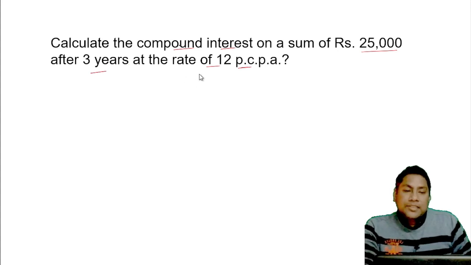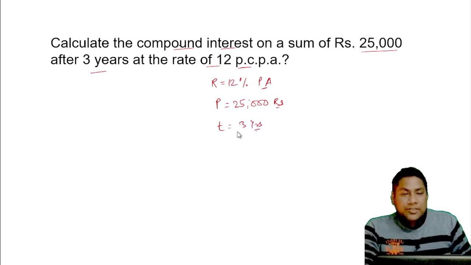We can say the rate of interest is 12% per annum, and the principal given is 25,000 rupees. Next, time is 3 years.